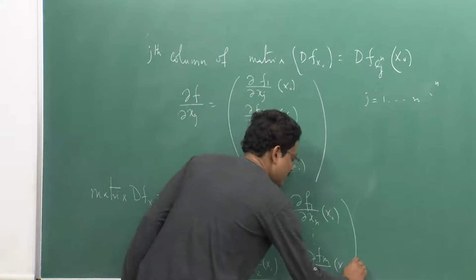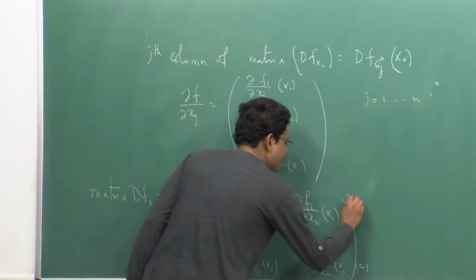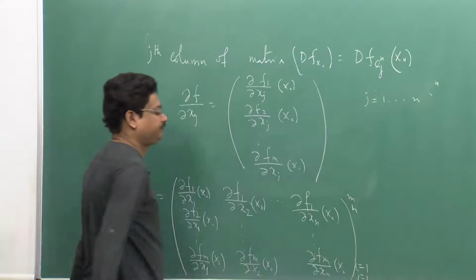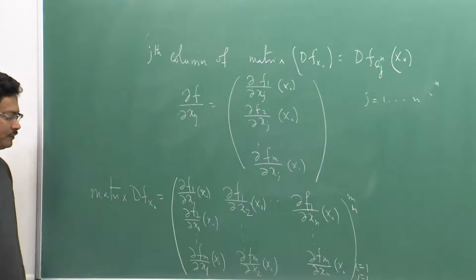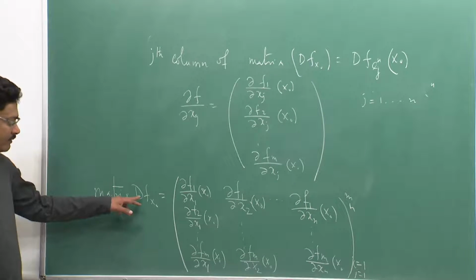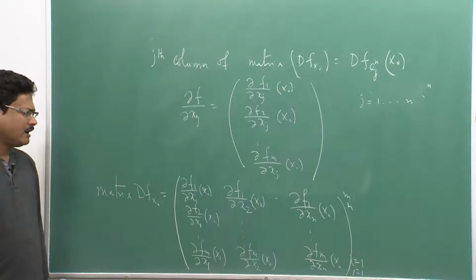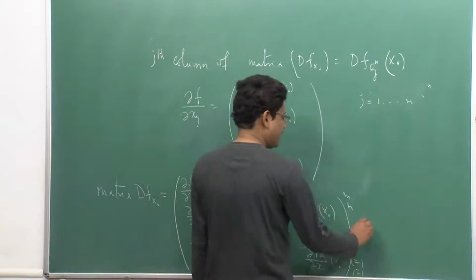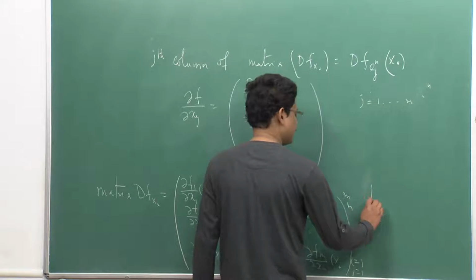This is i equal to 1 to m, j equal to 1 to n. So, this is an m cross n matrix, which is the matrix of d f x naught. And again, if you see in books or notes, they have a special notation for this one.